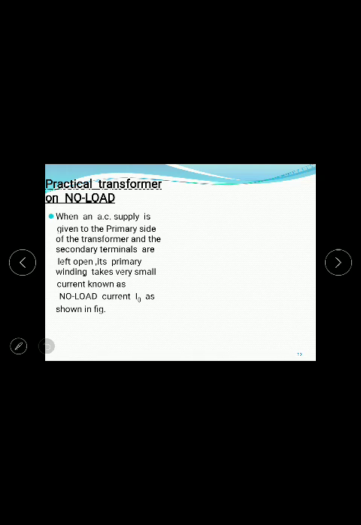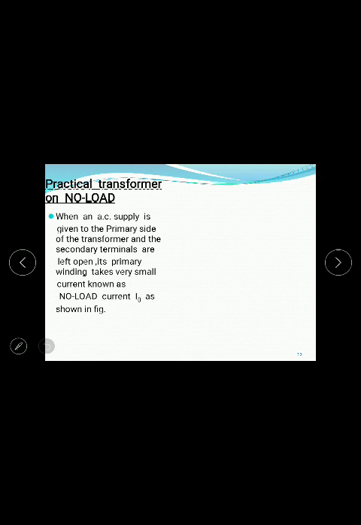Now let's go to the practical transformer. When an AC supply is given to the primary side of the transformer and the secondary terminals are left open, its primary winding takes a very small current known as no load current, and that is I0.